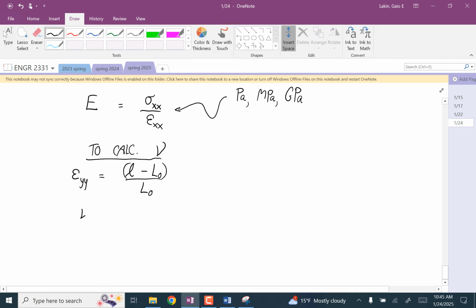And Poisson's ratio is the negative Y strain over the X normal strain. And you would get the same exact thing if you did the measurements with Z. So it's also equal to negative EZZ over EXX.